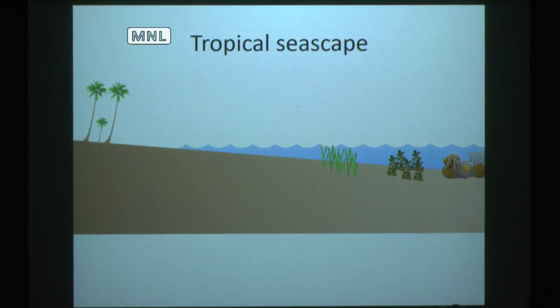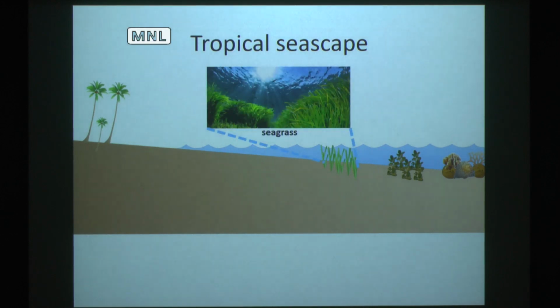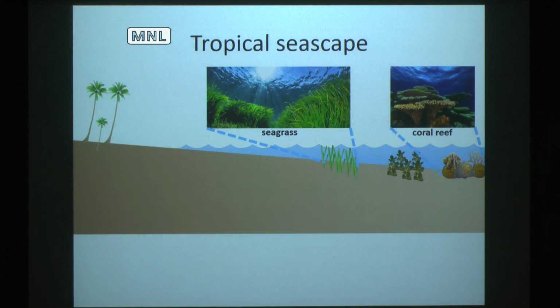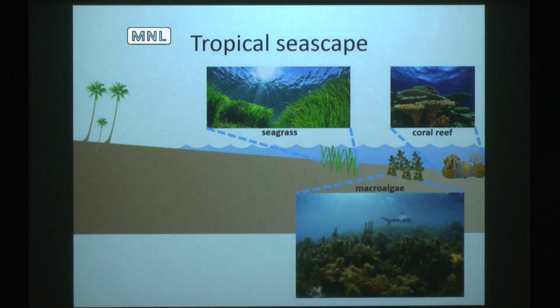So now I want you to take a little break from oysters and think back about that tropical seascape I referred to in the very beginning, in that it was heterogeneous, composed of seagrass beds as well as coral reefs. And there has been an enormous amount of work in trying to understand connectivity between these habitats in tropical seascapes.